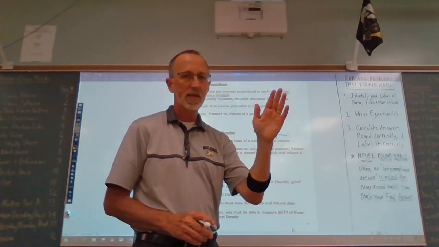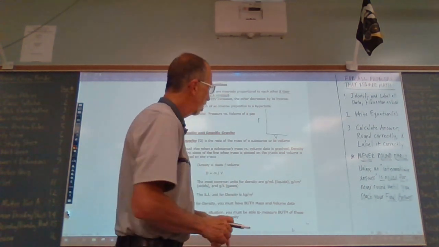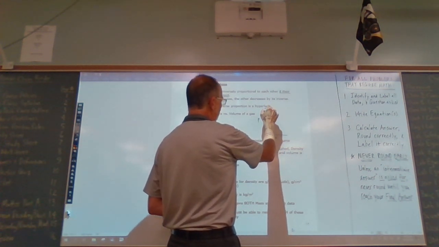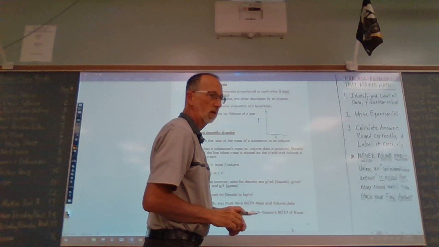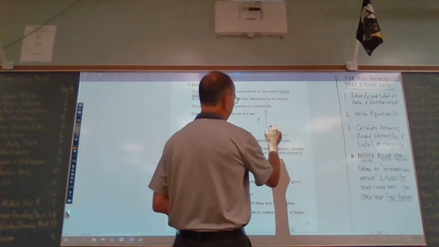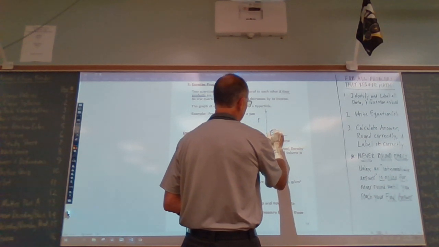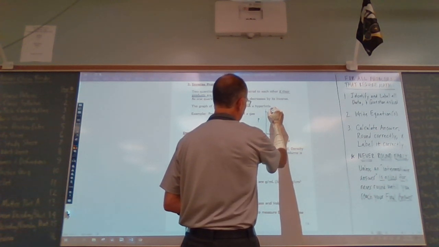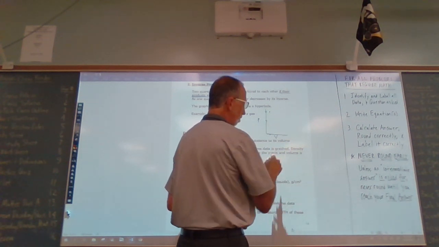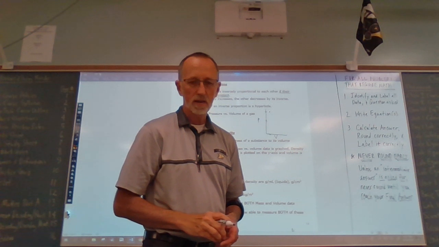So as one's getting bigger, the other's getting smaller. So if here we have a very high pressure, then that's going to correspond to a very low volume, like so. Second point, if our pressure goes down, our volume goes up.